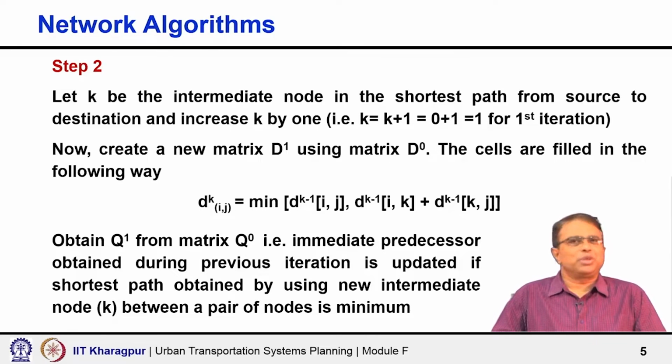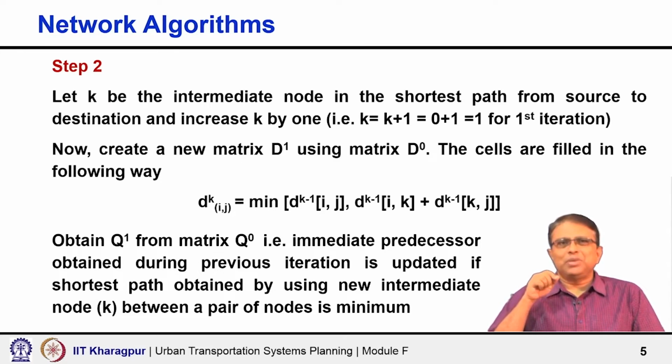Carefully observe, and you can understand all of this very easily. What are the two values? The first is d k minus 1 i j, in the previous iteration, whatever was my best value.